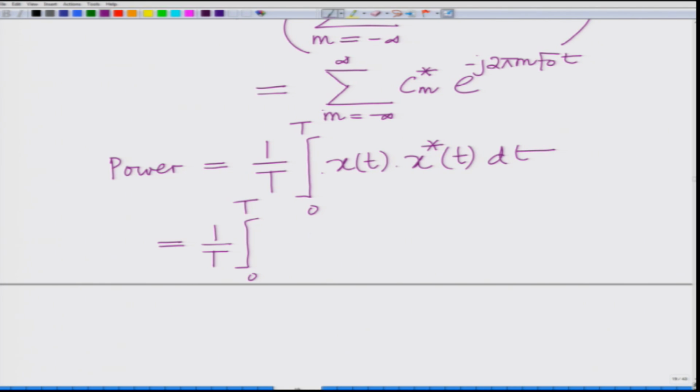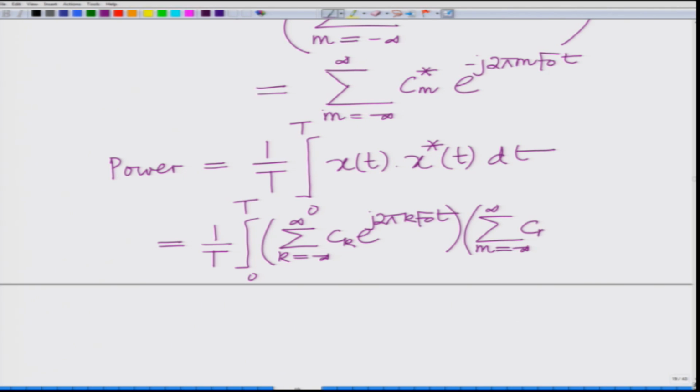We have already developed the expression. x t is summation k equals minus infinity to infinity c k e to the power of j 2 pi k f naught t times x conjugate t, that is summation m equal to minus infinity to infinity c m conjugate e to the power of minus j 2 pi m f naught t, whole into dt.